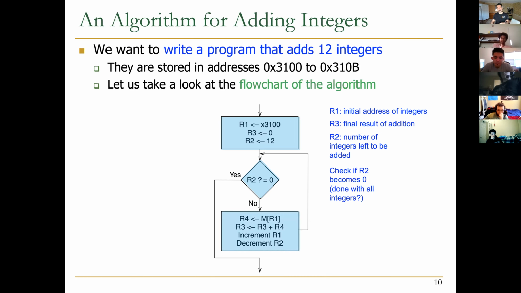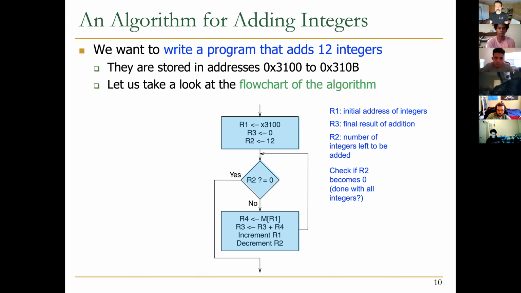And then if the condition is not true, this is the actual stuff that happens, right? You retrieve the content of the memory located at R1 and put it in R4.